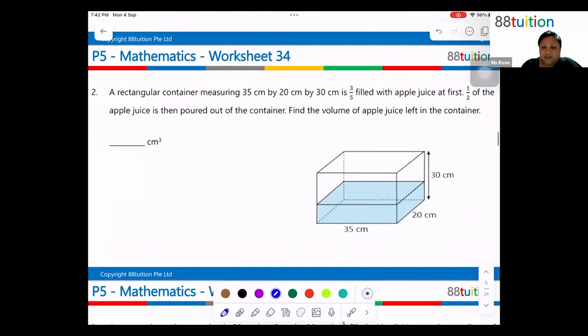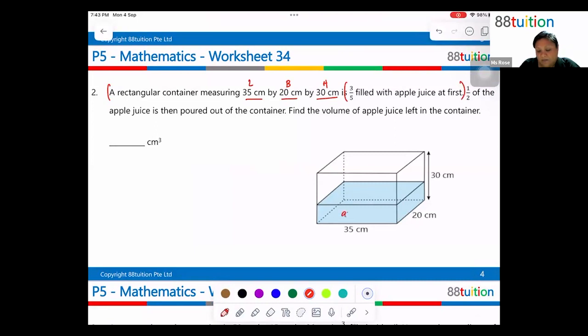Okay, let's look at question number 2. In this question, it says that a rectangular container measuring 35 by 20 by 30, length, breadth, height, is 3 out of 5 filled with apple juice at first.